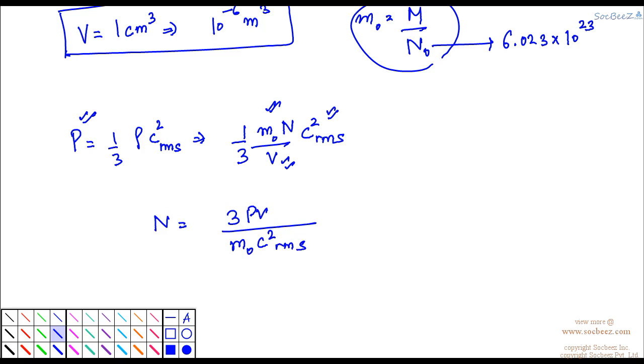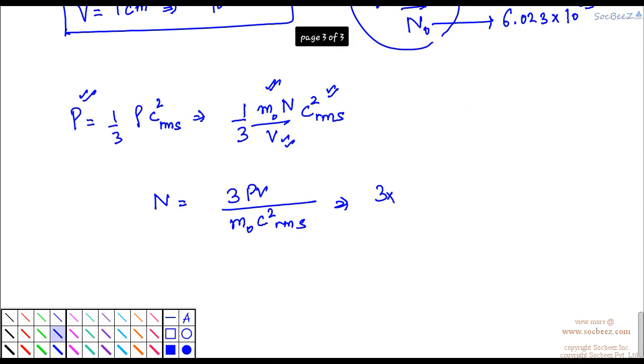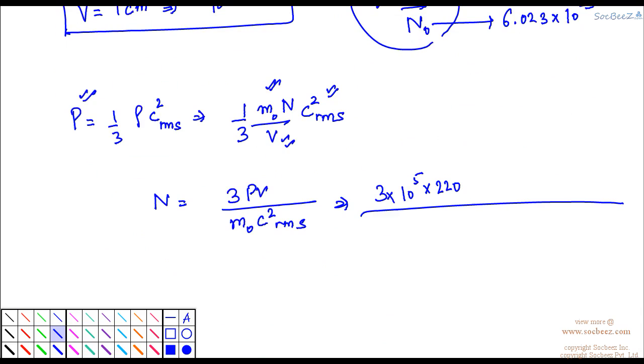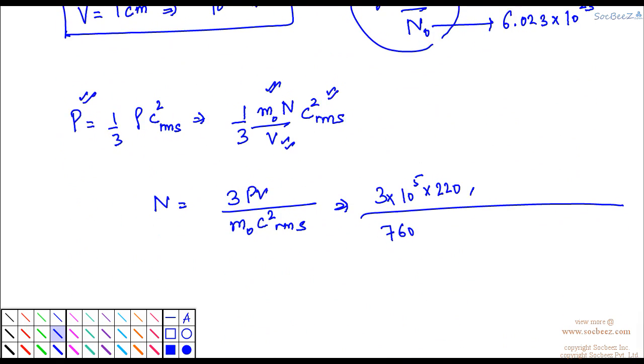Now we have all the values required to calculate the answer. It would be 3 into pressure, that is 10 raised to power 5 into 200 upon 760. Now we require volume, that is 10 raised to power minus 6. Then we require m naught, the weight of one hydrogen molecule.